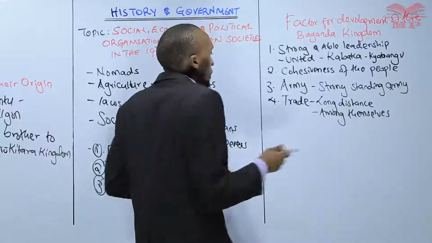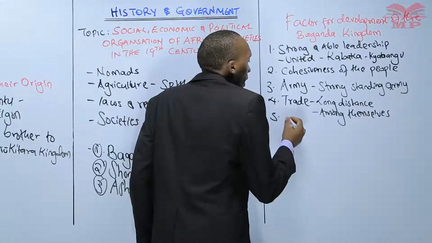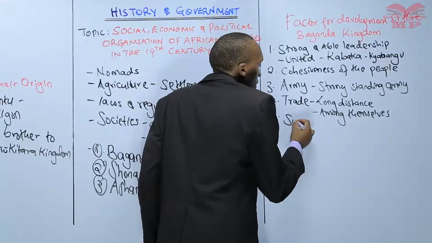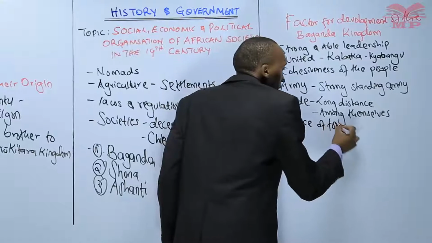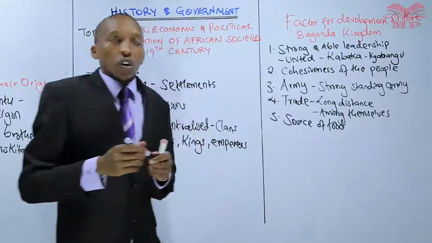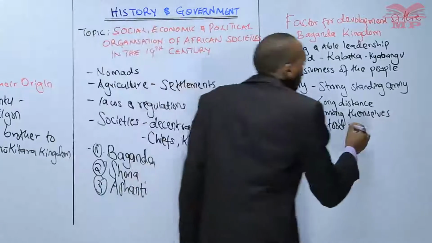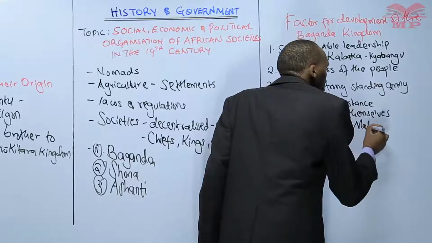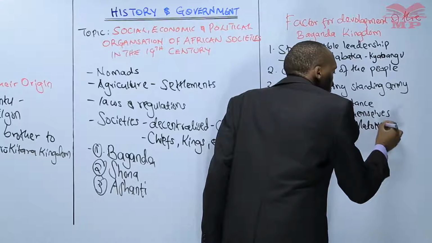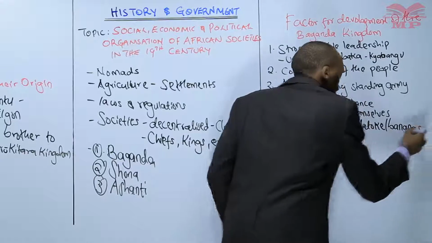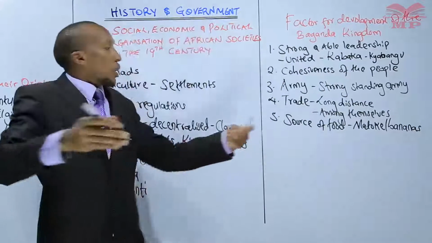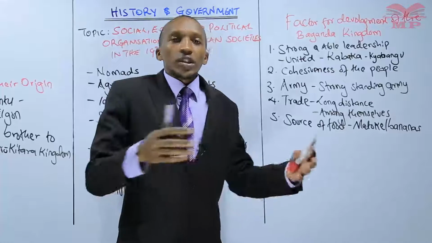The other one was a source of food. They had a stable source of food. The Baganda were known for producing matoke, in other words, bananas. Buganda was a kingdom that was strategically located.